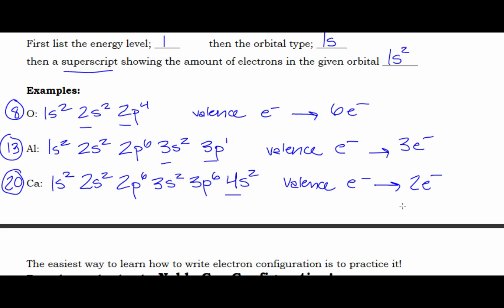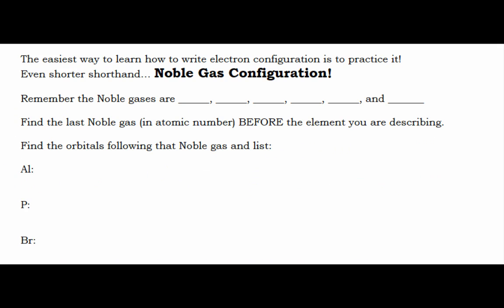Now there's an easier way to do this, and chemists are pretty lazy, so we like to take the easy way out if we can. So if you turn the page in your notes, I'll show you how to do this much more quickly. The easiest way to learn how to write electron configuration is to practice it. The shorter hand version of doing this is called the noble gas configuration.